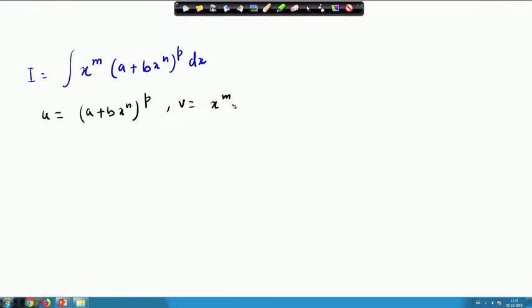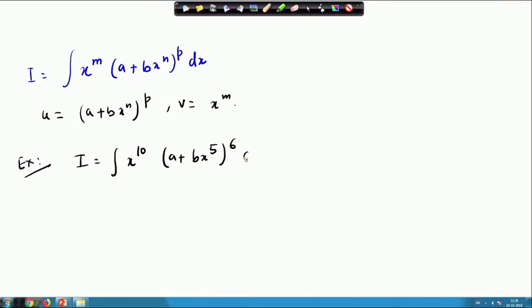Our required reduction formula can be obtained by doing integration by parts on u and v, and basically you need to find some kind of iterative reduction formula to calculate any problem of this type. For example, let's say I equals integral x to the power 10 (a plus b x to the power 5) whole to the power, say, 6.